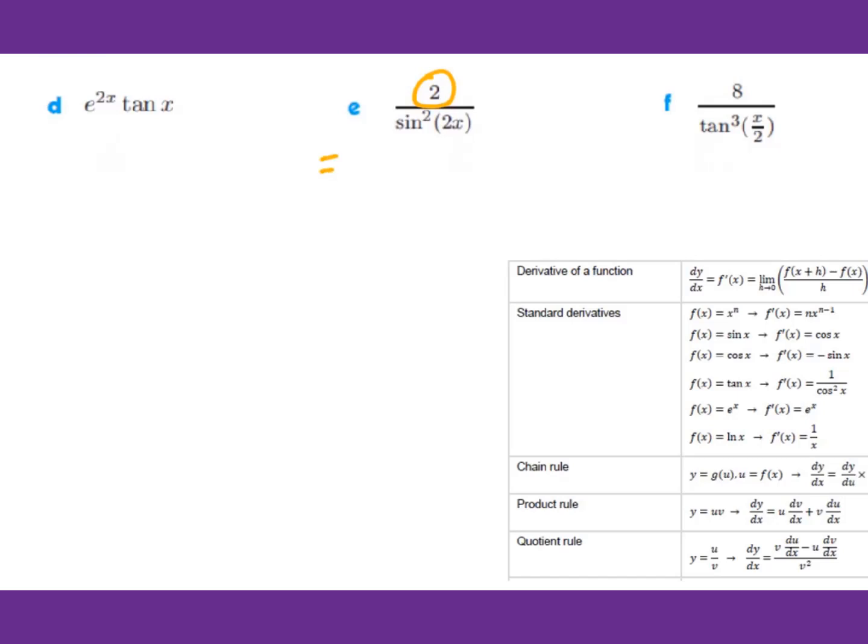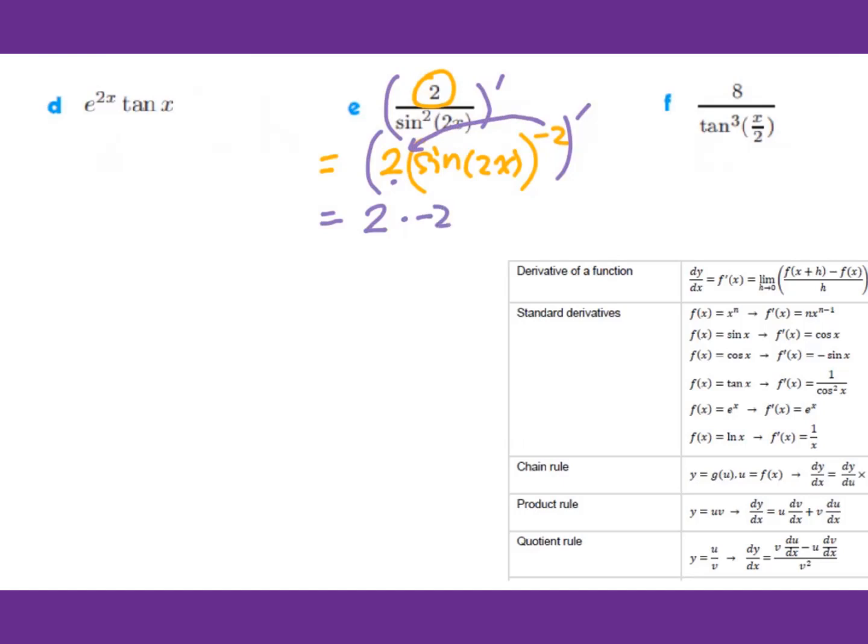So we write down power form first. You will get 2 sine 2x to the negative second power. So when we do the derivative for this, the coefficient stays, times, we have to use the power rule, drop down.